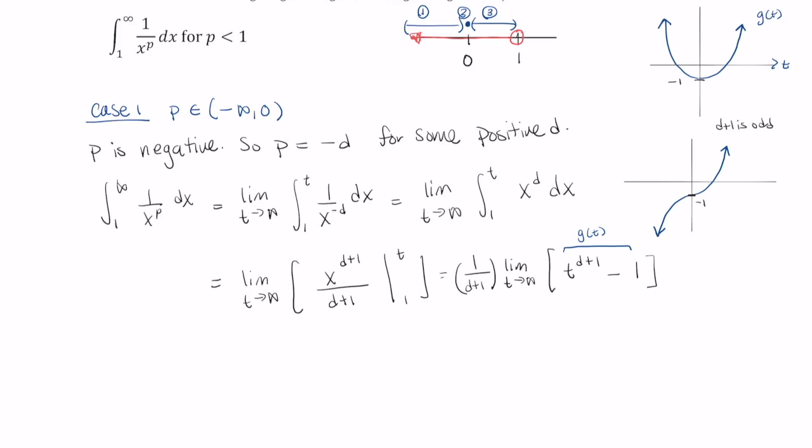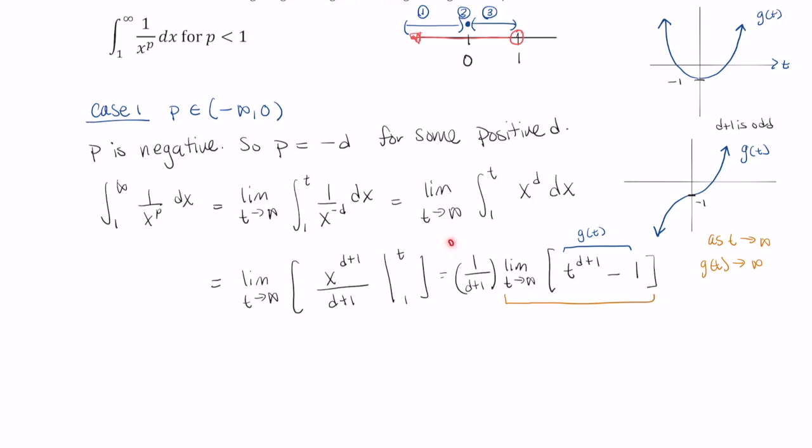So either way, whether d plus 1 is even as we have here, or d plus 1 is odd, either way, as t approaches infinity, g of t is going to also approach infinity. That tells me that this limit here equals infinity.